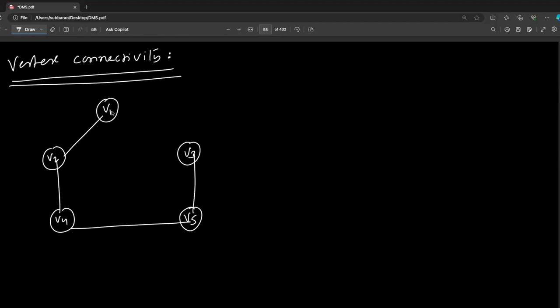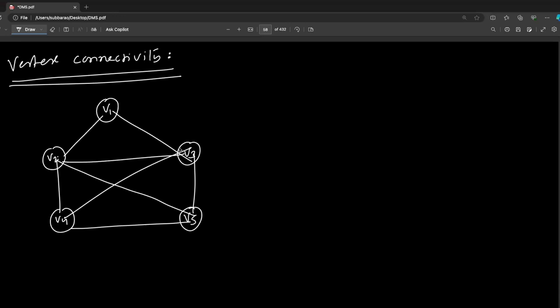I am just arranging one diagram. Fine, now observe.